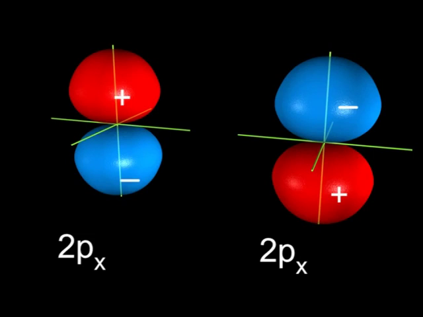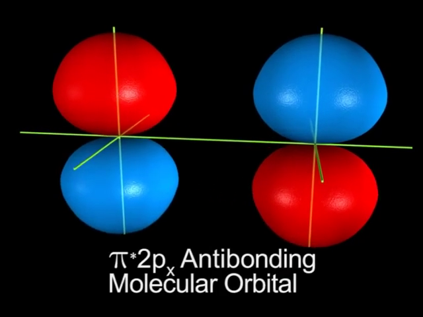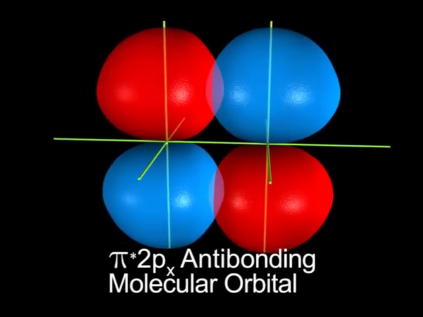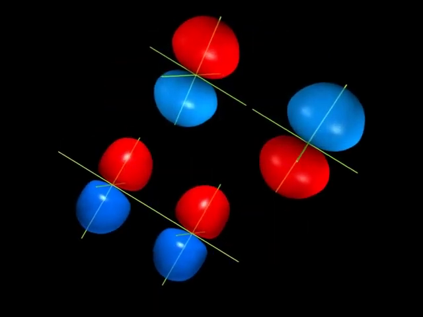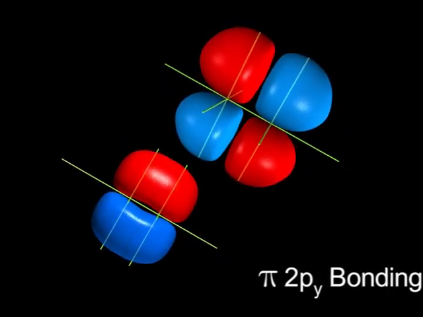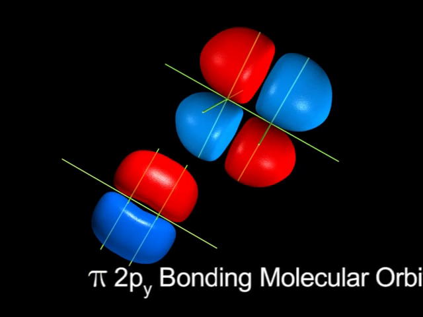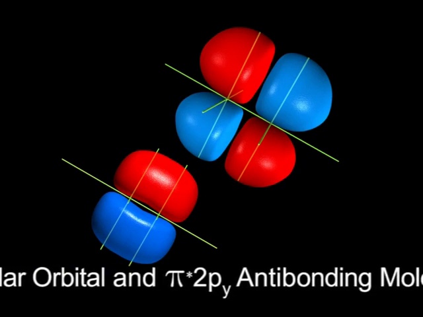When lobes of the 2px atomic orbitals which are facing each other have the opposite signs, plus minus and minus plus of the wave functions, overlap sidewise to form pi star 2px antibonding molecular orbital. Similarly, two 2py atomic orbitals overlap along the sides to form two pi molecular orbitals, both bonding as well as antibonding.